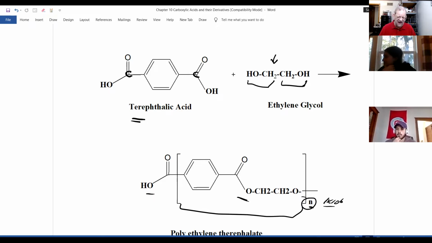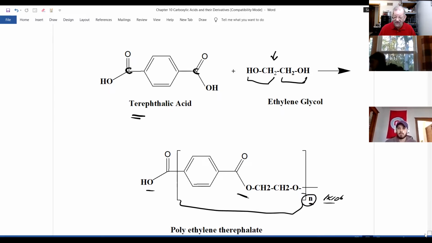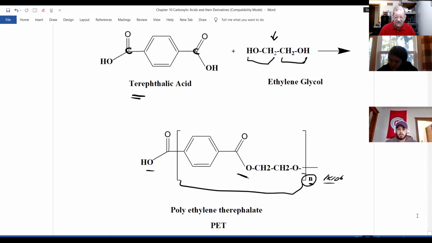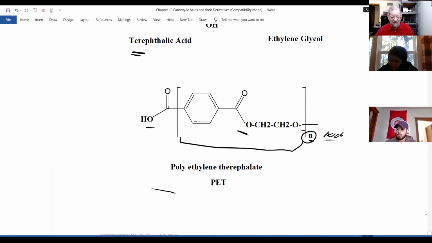Now, what would be the name of this compound? Good question. Well, it's an ester, so it has that ate ending. It comes from terephthalic acid. I don't want to give it away yet. Anyways, because there are many of them, we use the word poly.